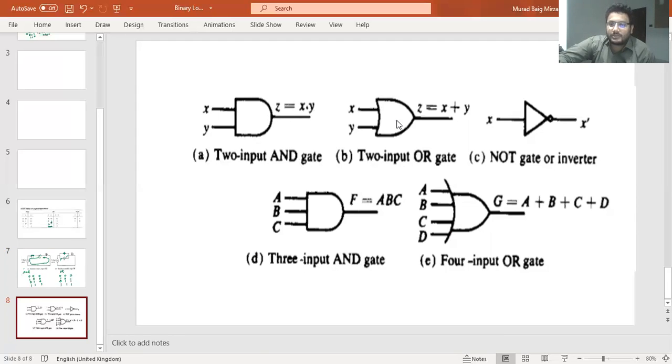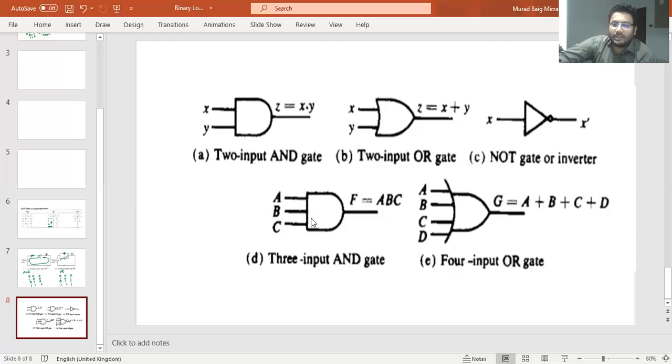The OR gate is represented by this type of symbol. A two input OR gate takes two inputs, computes their OR and gives us the output. And the NOT gate is represented by this triangle with the bubble in front. So if X is 1, X prime will be 0, and if X is 0, X prime will be 1.